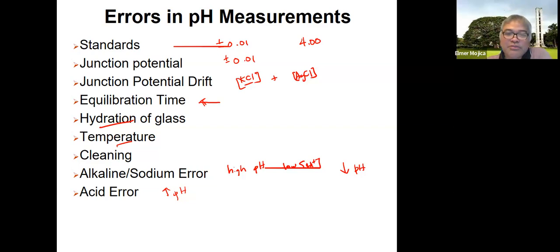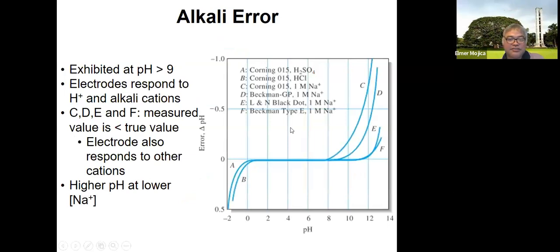So those are some of the errors, and I think I have a specific example here doon sa alkali error. So usually it is exhibited at pH more than 9. And the electrode would respond to H plus and alkali cation.